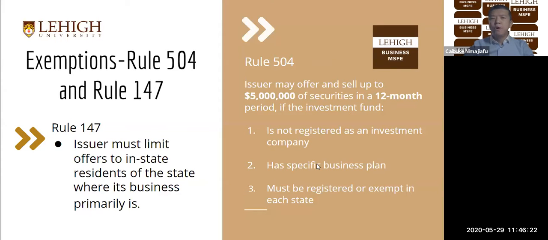In Rule 504, an issuer can offer and sell up to $5 million of securities in a 12-month period. And in Rule 147, the issuer must limit offers to in-state residents of the state where its business is primarily located. Under these exemptions, the issuer still needs to comply with state securities laws and regulations. Next page, thank you.